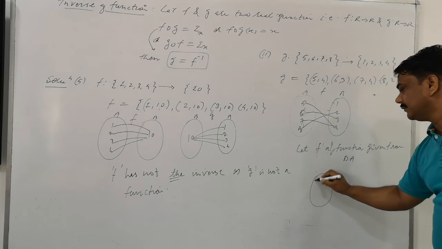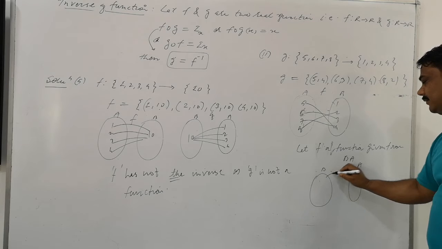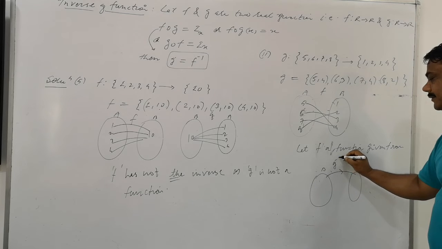Here it's B and it's A. What is this called? We can call it G inverse.